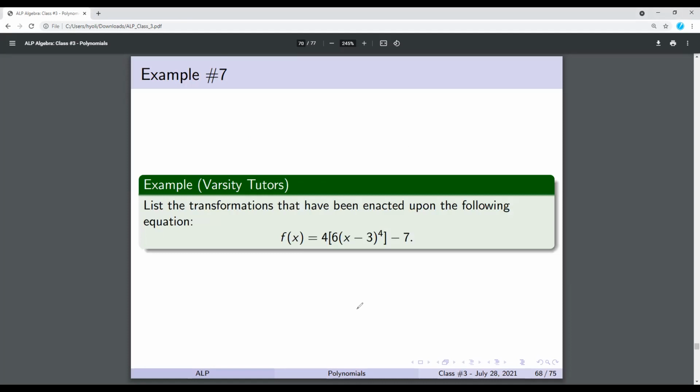If we start at the end, since it's minus 7, we know it's going to be shifted downwards. We shifted down by 7, which gets rid of this end of 4. And now multiplying by 4, we know that this is a vertical stretch.